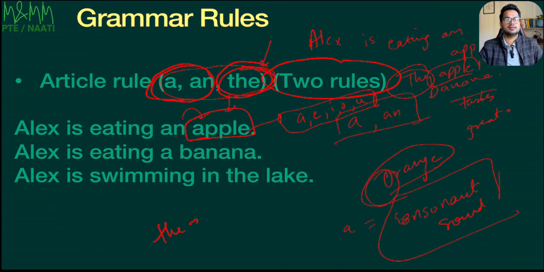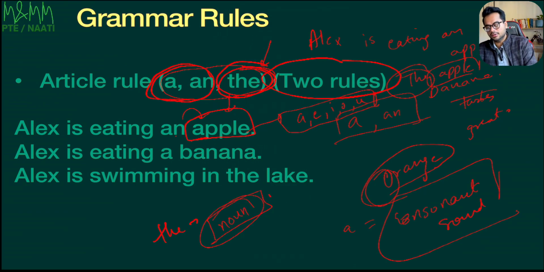If you see the article "the" and there is a blank after that, it is always going to be a noun. Noun as in, again, a name, a place, or a thing. So "the" noun could be anything. The lake.